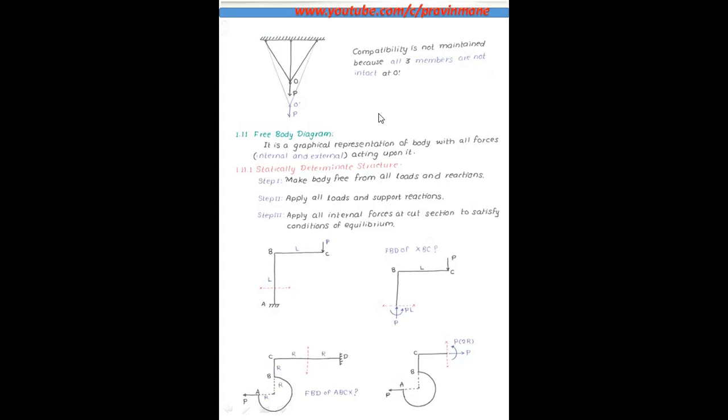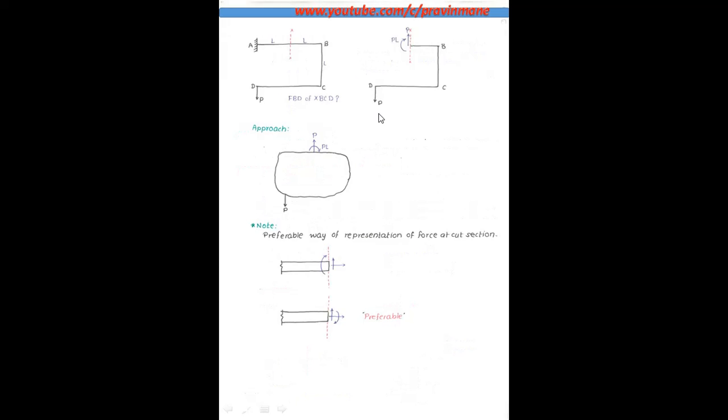Then apply all internal forces at cut section to satisfy condition of equilibrium. Note, the preferable way of representation of force at cut section is in this fashion. So this way you can refer at cut section.